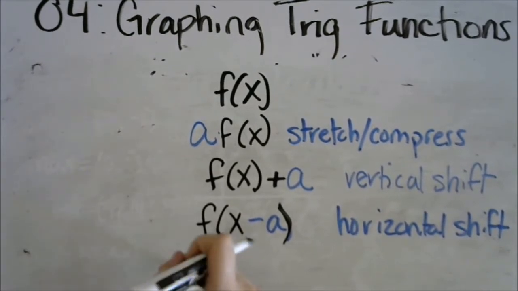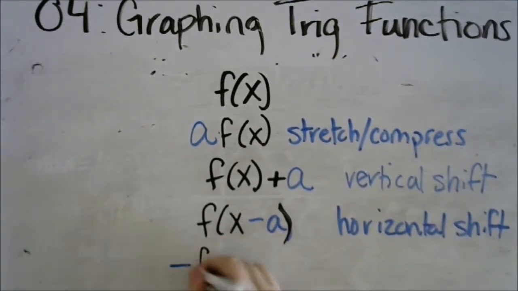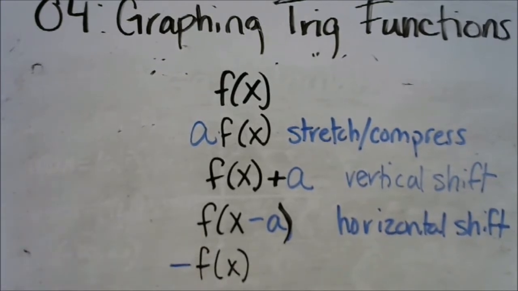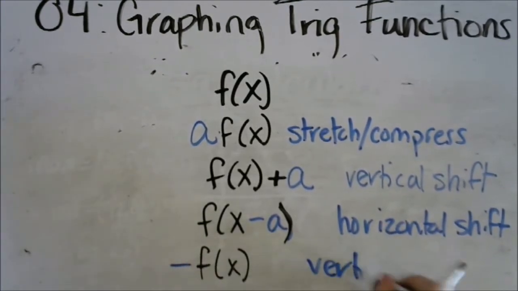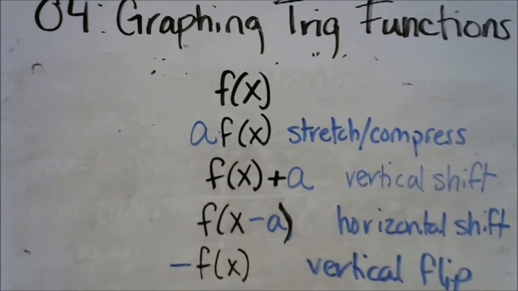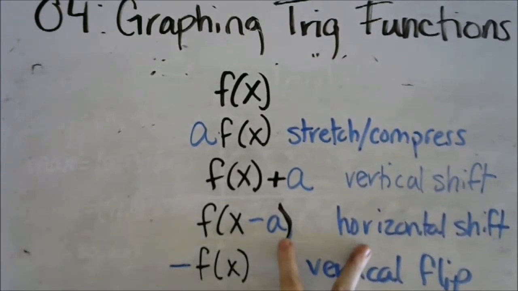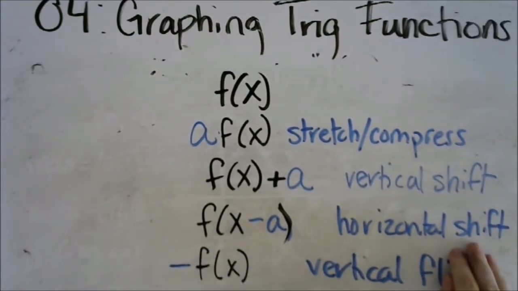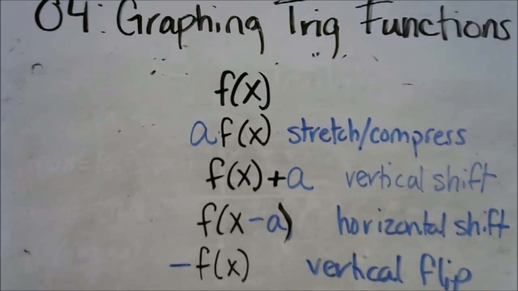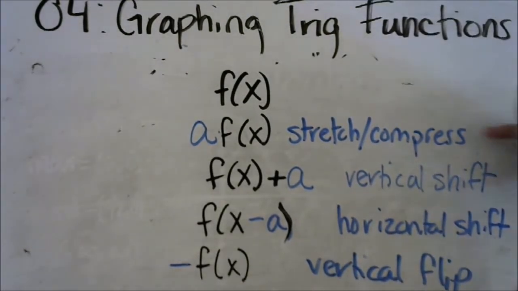And we can flip a function vertically by making it negative. All of these shifts can be applied to trigonometric functions, but be aware any shifts to the domain must be considered in terms of a periodic function from 0 to 360 degrees, not from our standard 0 to 10 that we're used to. So we're going to go over how each of these different shifts apply to trigonometric functions.